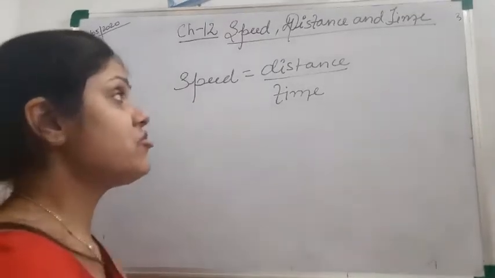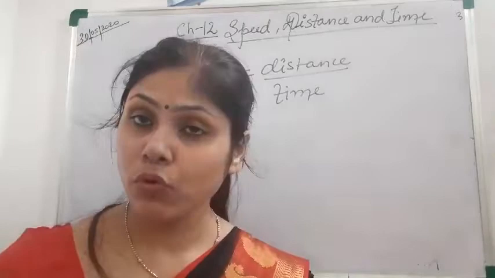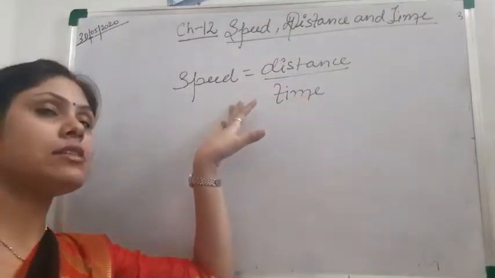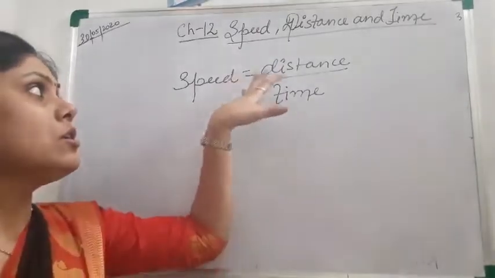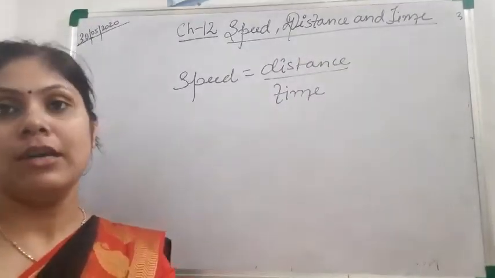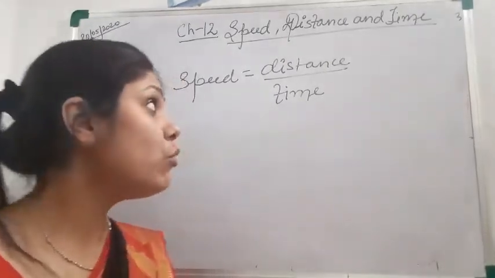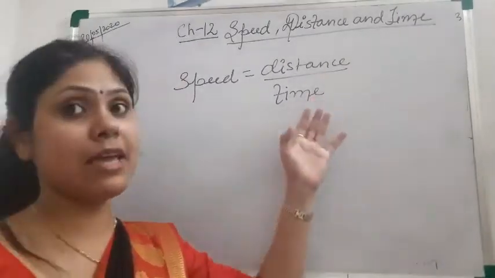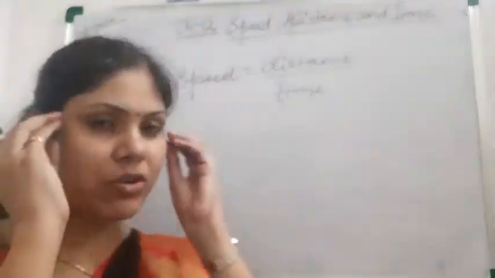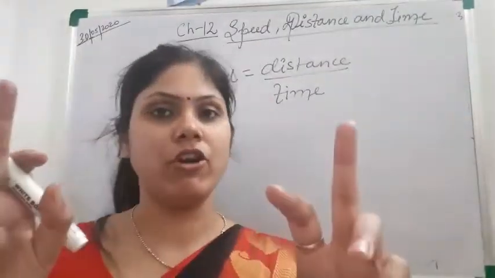The distance travelled by a moving body in a unit time is called speed. So the formula for speed is equal to distance upon time. Okay, you got the formula. Just remember this one formula.